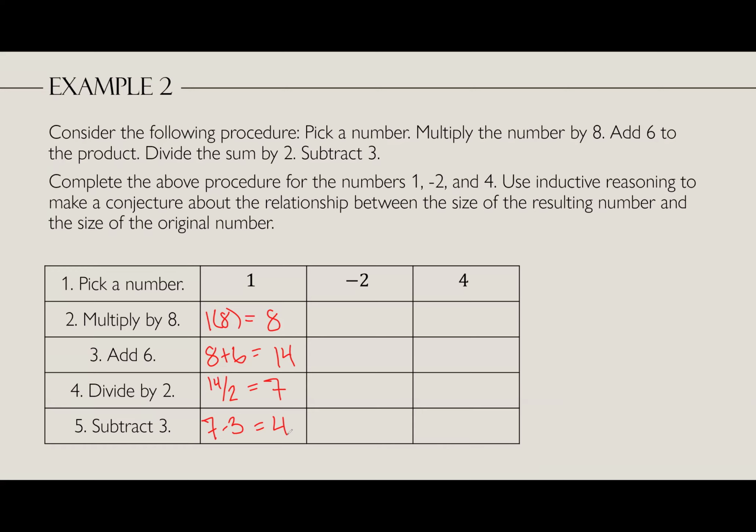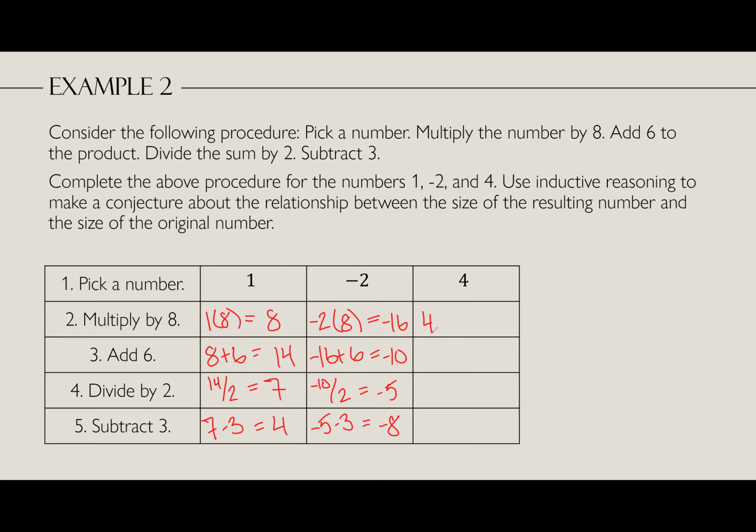For -2, what's -2 times 8? We get -16. I'm going to try to fit everything in these boxes. Adding 6, we get -16 plus 6, giving me -10. Dividing by 2, we get -10 over 2, we get -5. And then -5 minus 3, we get -8. Now let's finish it up for 4, and let's see if we can get any patterns after that.